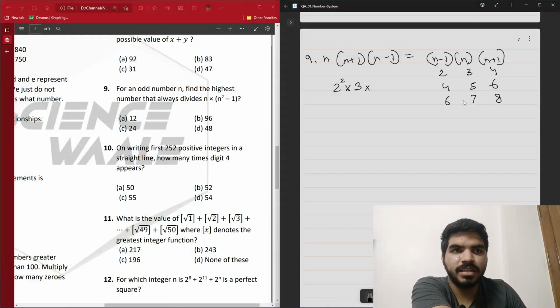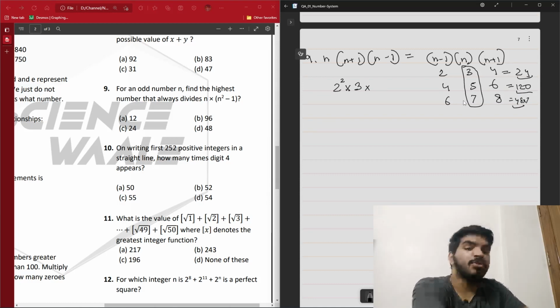This middle part you have to keep odd. What is their product? 24. The next product is 120. The next is 48 into 7. Don't you think all of them have 24, and not 12, which you were about to answer earlier?